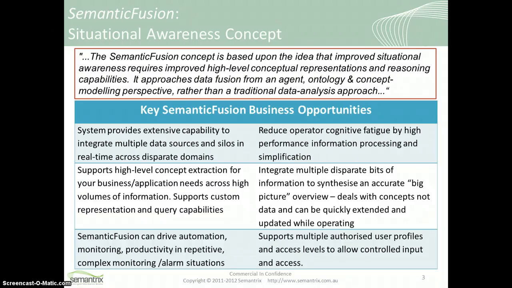Under the covers, the system is able to maintain an object in terms of it being unknown, but with a high confidence it's a truck, a tank, a car, or whatever other type of classification model you have, and combine the probability or the certainty of that classification together. Semantic Fusion, again, can drive automation, and it can support multiple levels of user access and control.